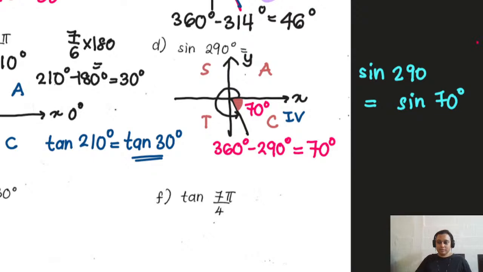So for sin we must put a negative sign. Then only your answer will be correct. Now you check whether sin 290 is the same as negative sin 70 or not. Yes, Sarvin, correct, negative. So you double check, use your calculator. If you are not getting the same answer, that means something is wrong.